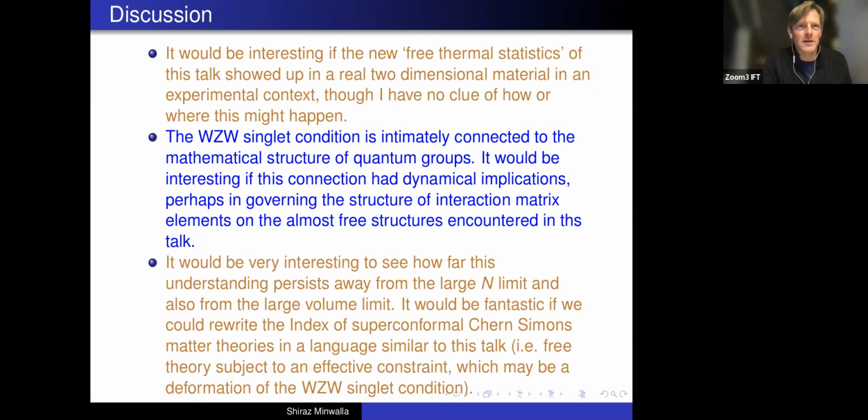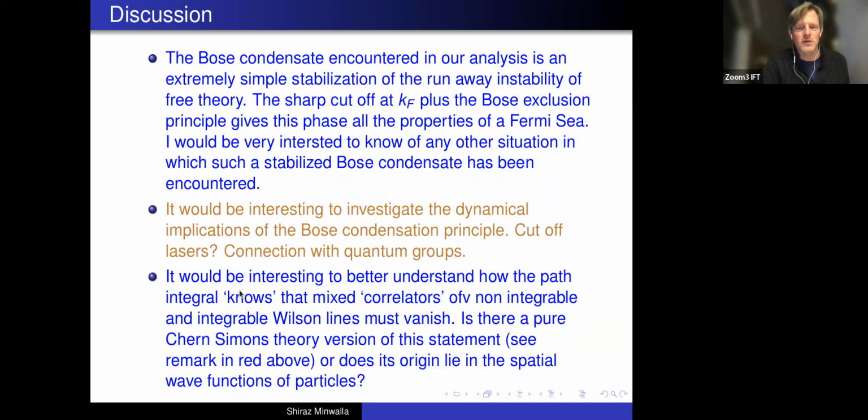Actually, since it's kind of related, let me jump in and ask a question about the bosonic exclusion principle. I understand the intuitive explanation that you give, that in the fermionic theory you have the fermionic exclusion principle, and that this bosonic exclusion principle is just the direct level-rank dual of that.